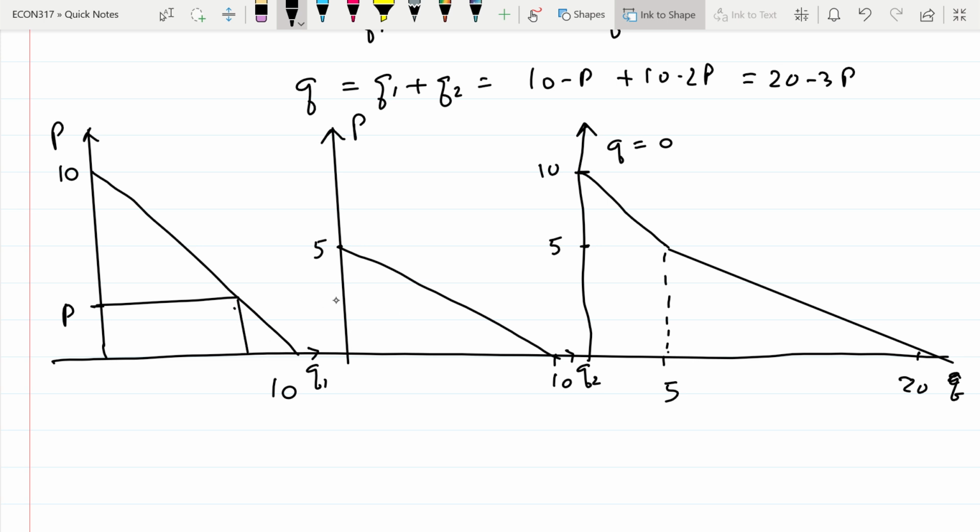At the same price, I find out the quantity bought by the second buyer, which is a number here. And then I go to the market demand, which shows me the quantity bought in the market is the sum of these two quantities. That's how we are doing the market aggregation.